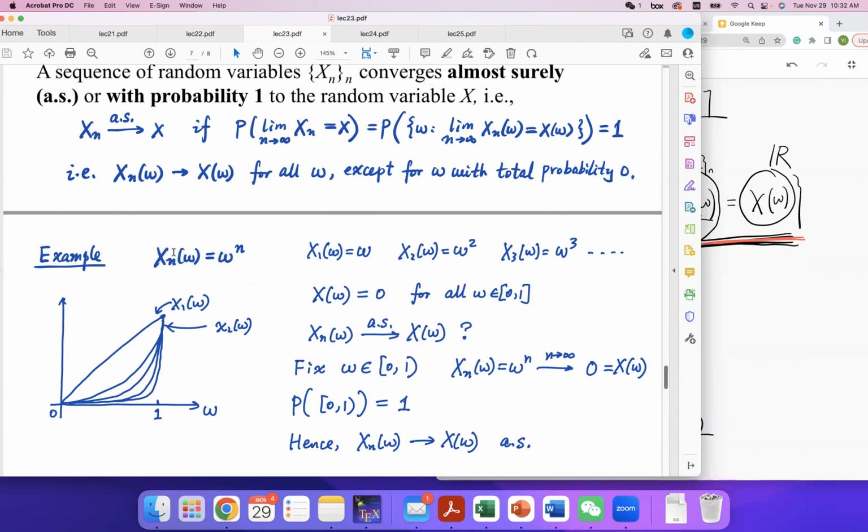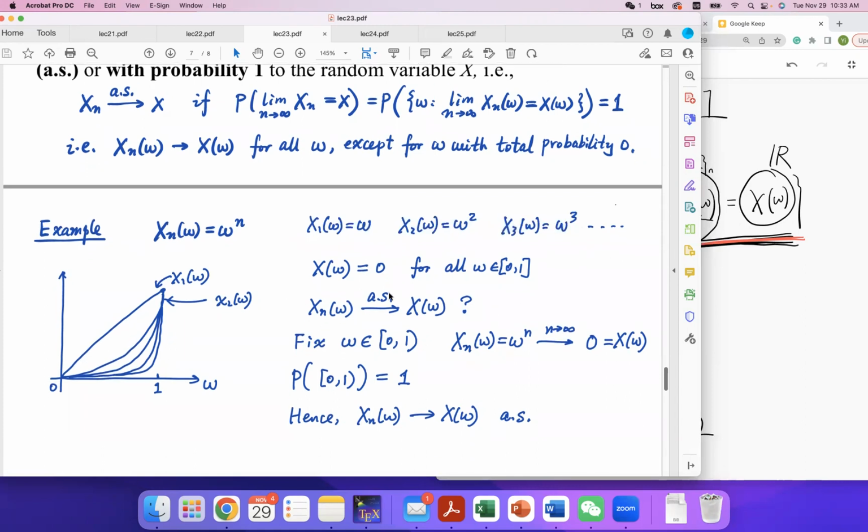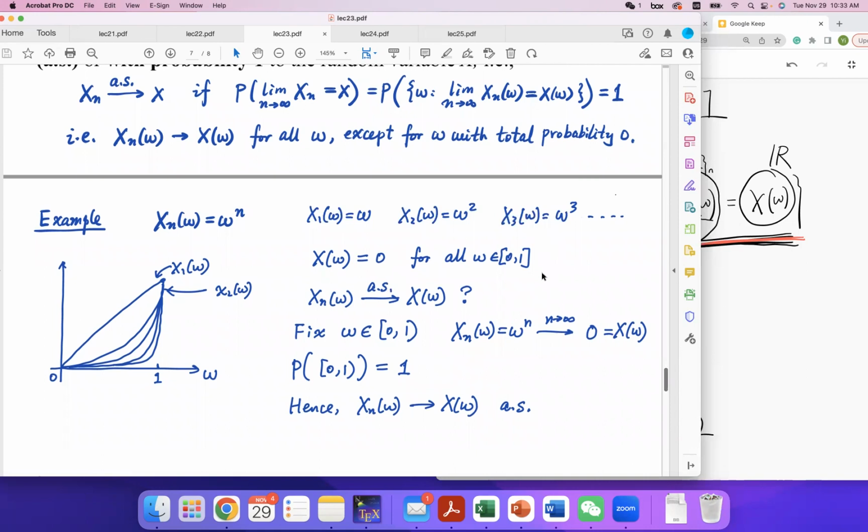Xn, the nth random variable, maps omega, the outcome between 0 and 1. Xn(omega) is defined as omega to the power of n. Precisely, X1(omega) is omega to the power of 1, so it's omega. X2(omega) is omega squared. X3(omega) is omega cubed.